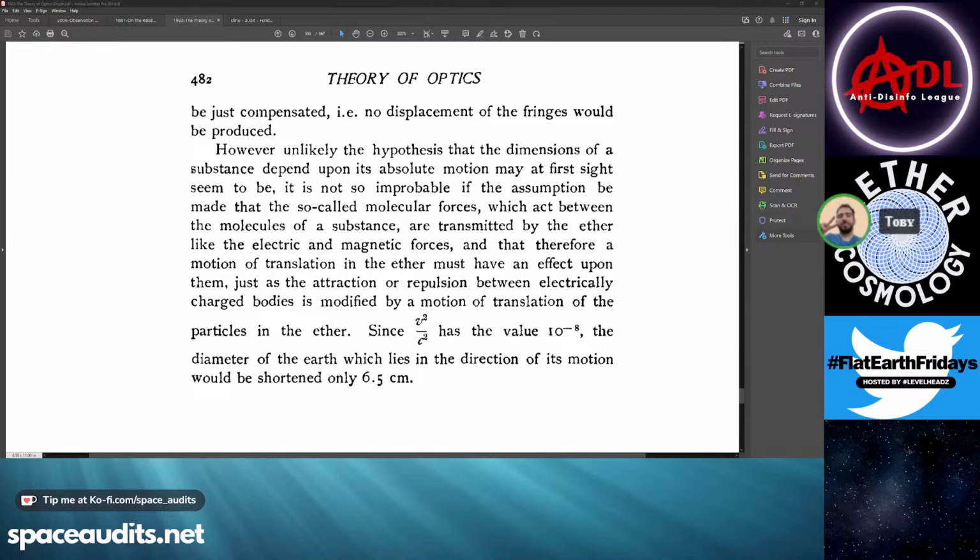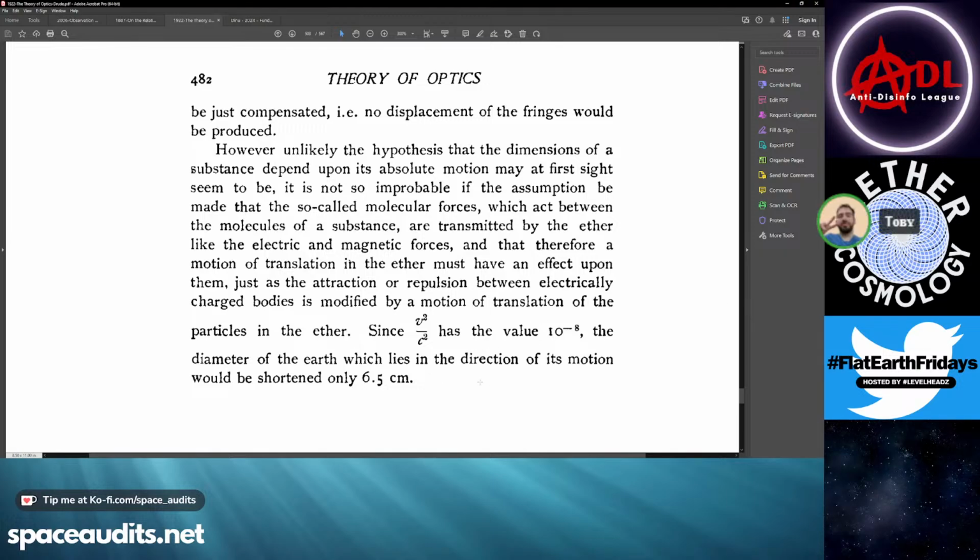However unlikely the hypothesis that the dimensions of a substance depend upon its absolute motion may at first sight seem to be, it is not so improbable if the assumption is made that the so-called molecular forces which act between the molecules of a substance are transmitted by the ether like the electric and magnetic forces, and that, therefore, a motion of translation in the ether must have an effect upon them, just as the attraction or repulsion between electrically charged bodies is modified by a motion of translation of the particles in the ether.